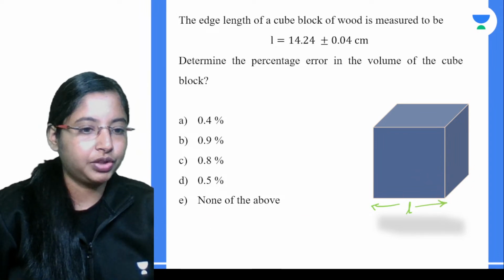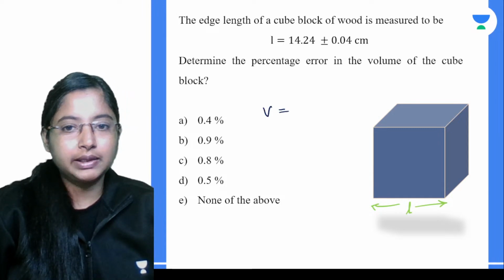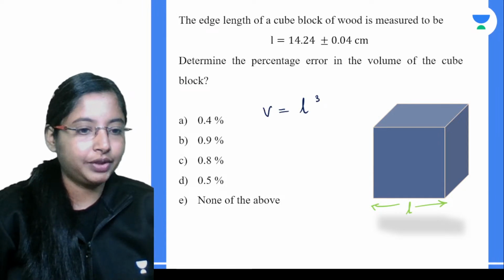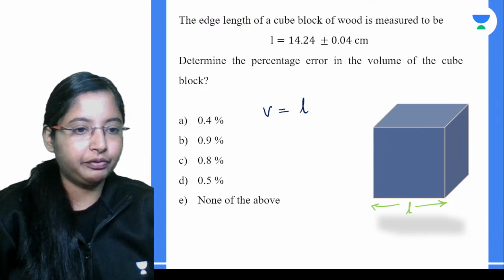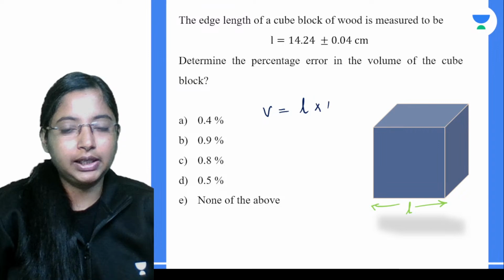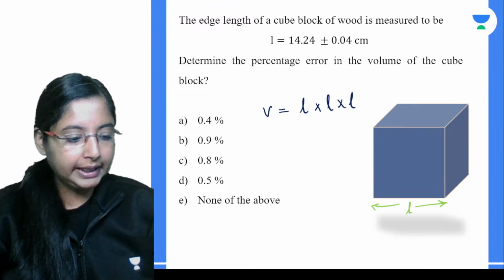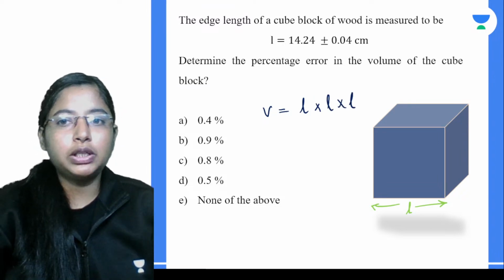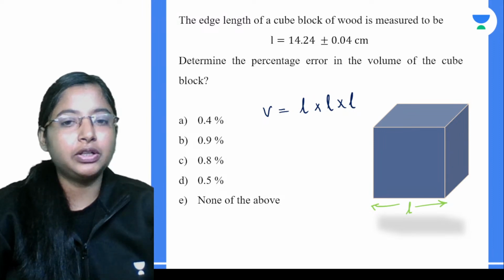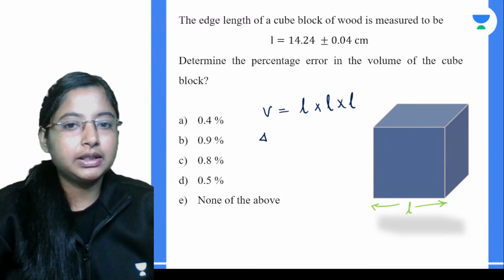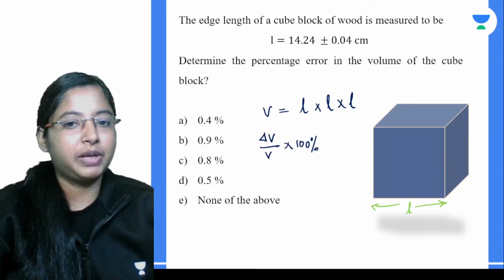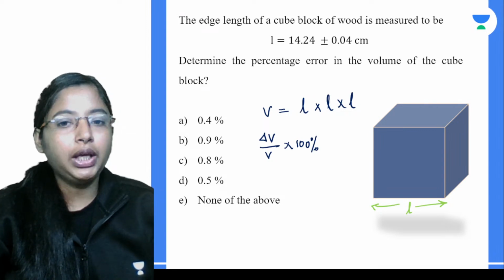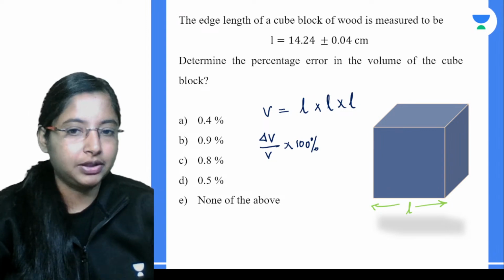Volume of a cube is nothing but L cube, or in other words, we can write this as L into L into L. What they are asking us to find is the percentage error in the volume of the cube. That is, they are asking us to find delta V by V into 100%. Delta V by V is basically the fractional error, and into 100% gives you the percentage error.